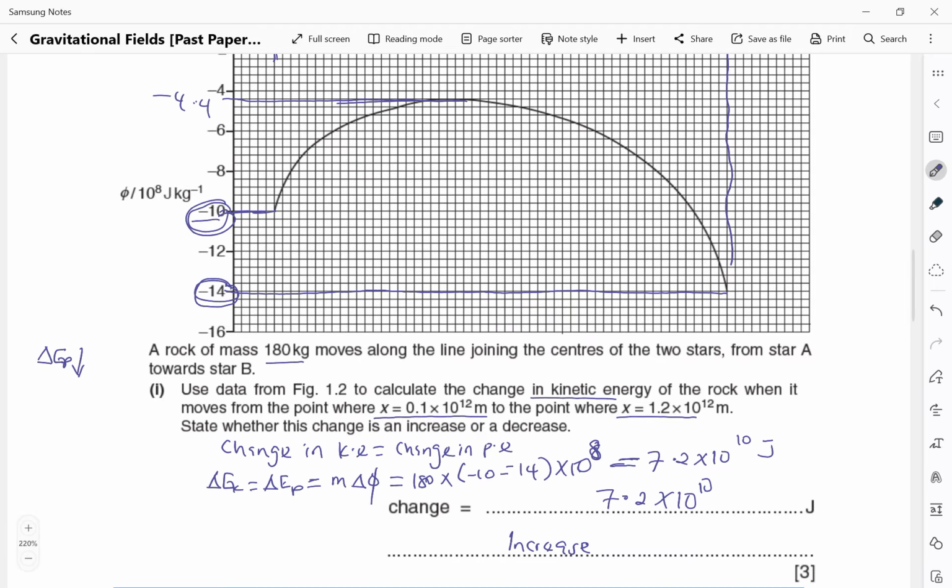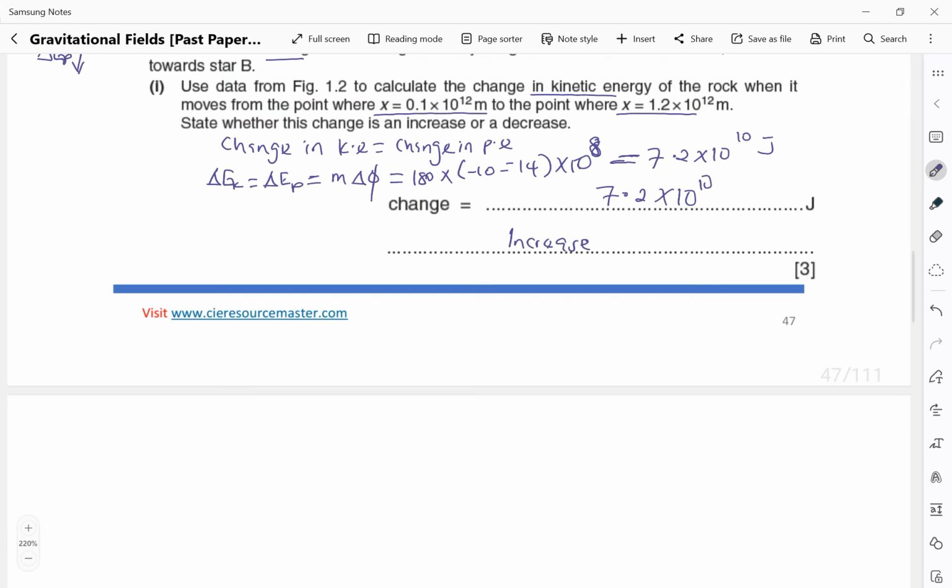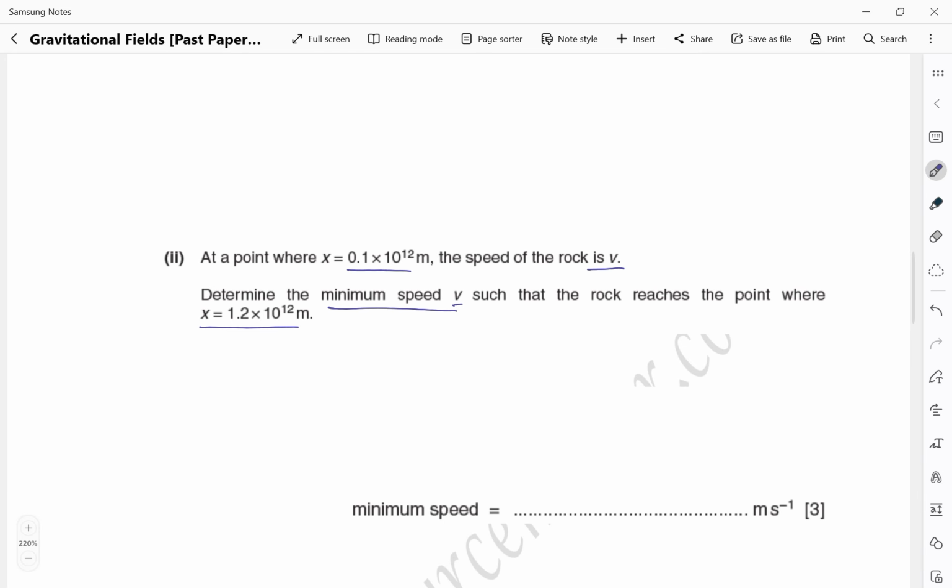So the change in kinetic energy should be equal to the change in potential energy.